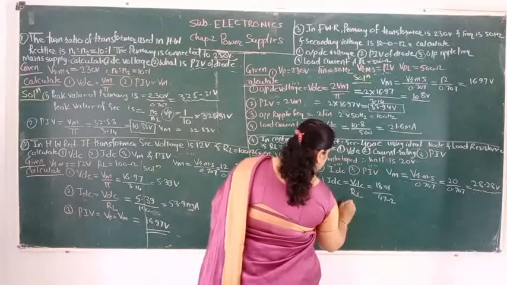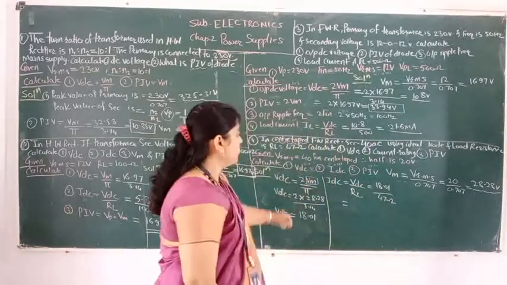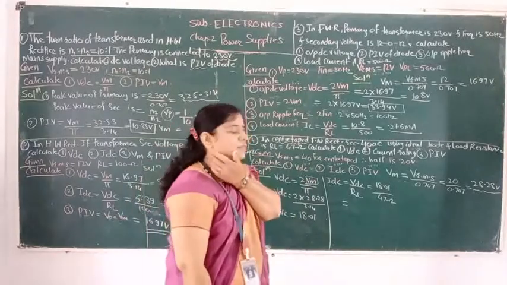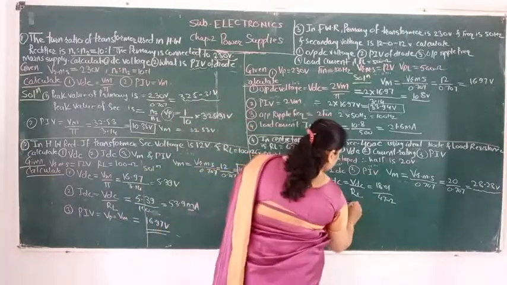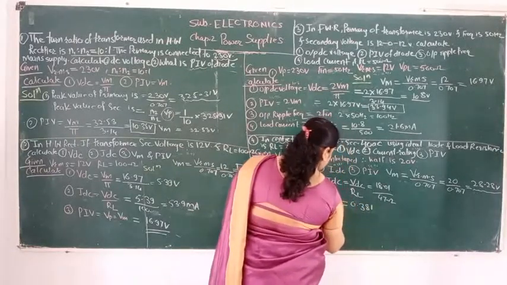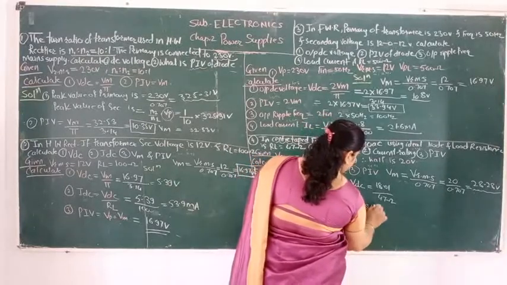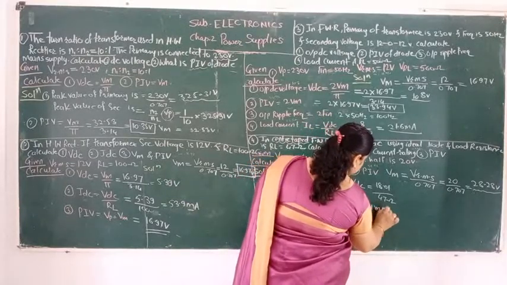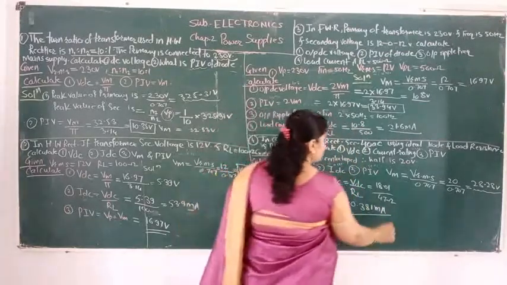So 18.01 divided by 47 ohm. The value of the current is 0.381, so IDC is 0.381 milliampere. Okay, try to solve at home.